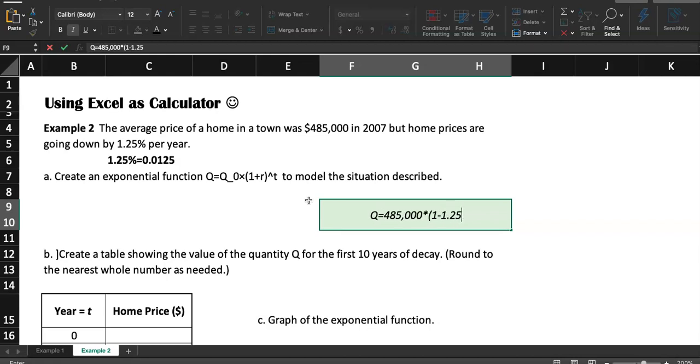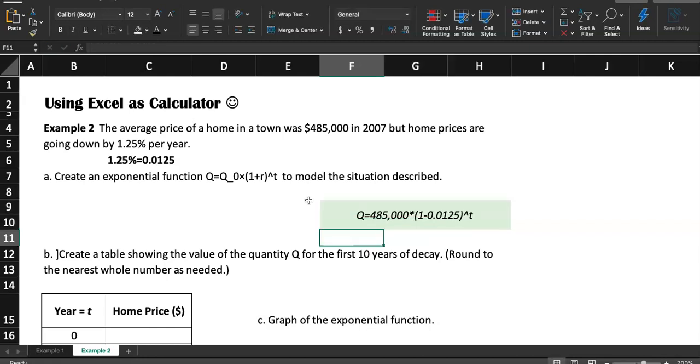I would usually type in 1.25%, but on your homework they're going to ask you to type in a decimal. So just divide that 1.25% by 100 to convert it into 0.0125, and we're going to raise it to the tth power, whatever that t is. T stands for the number of years since 2007, right?